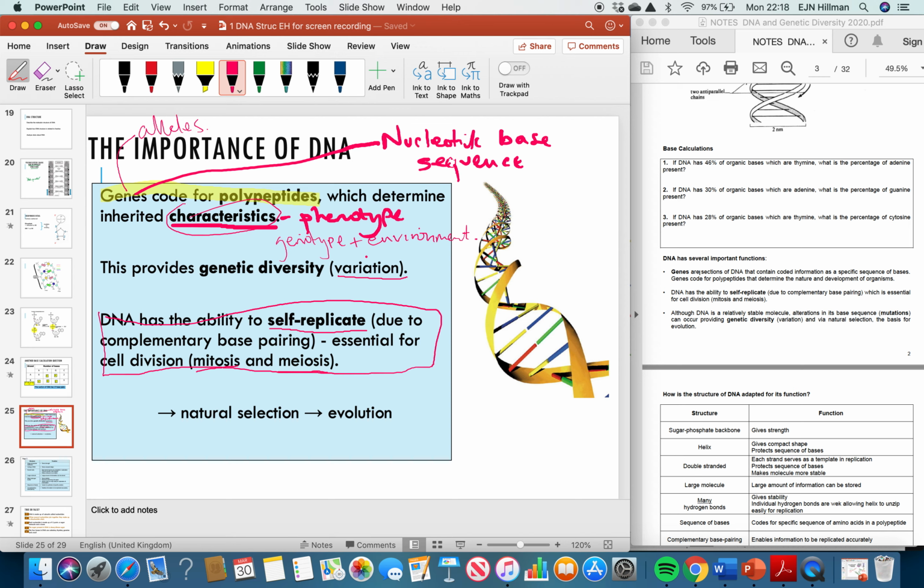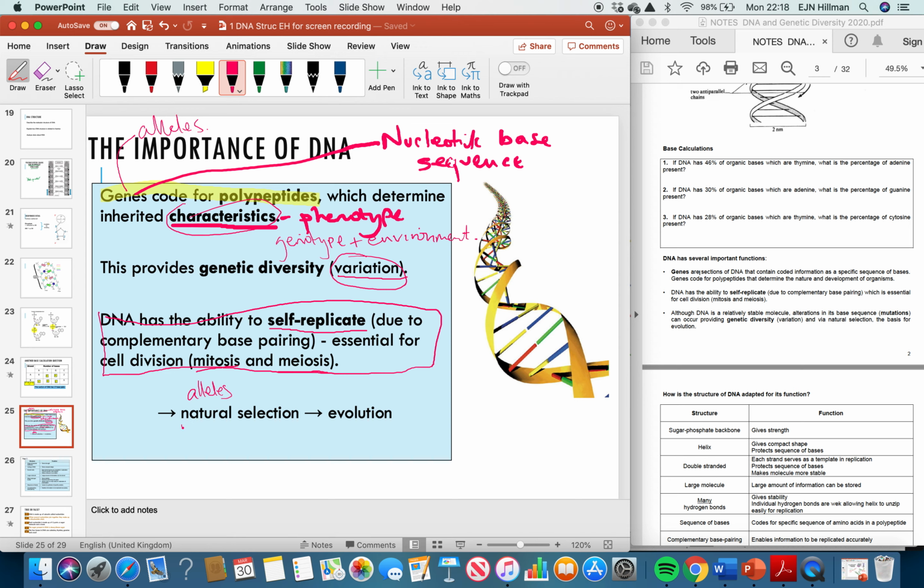That variation, the last little thing, in combination with its ability to self-replicate, well, the variation, there's different alleles. Some alleles will be beneficial, some will be detrimental. The ones with the beneficial alleles for a particular selection pressure will be selected for, and they will survive, reproduce more often, and pass on more of those alleles.